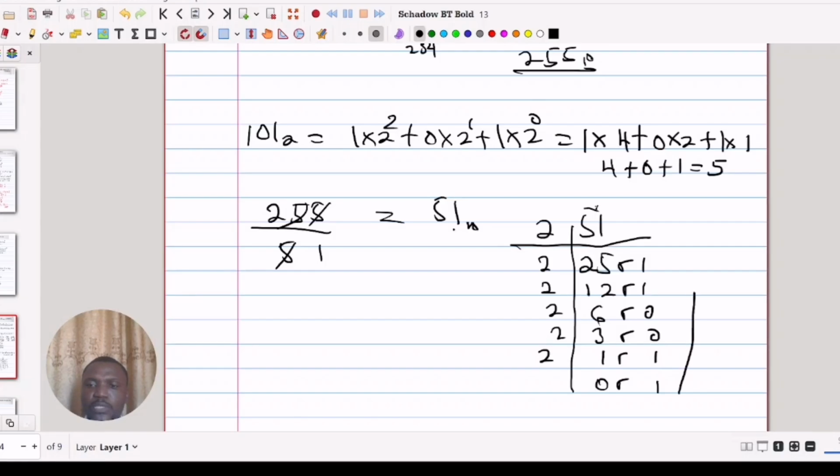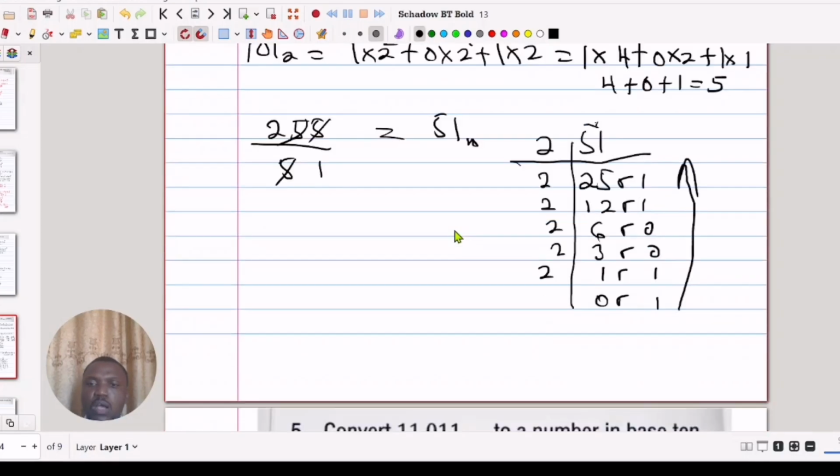So you now take it from down to up. So our final answer is going to be 110011 base 2.